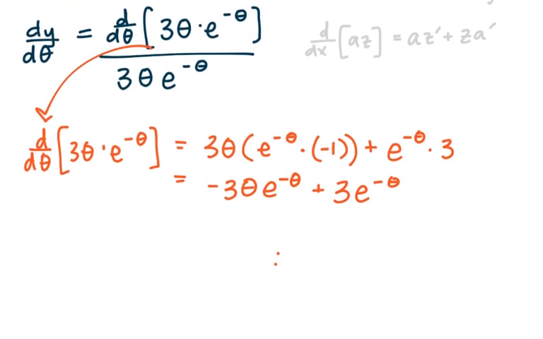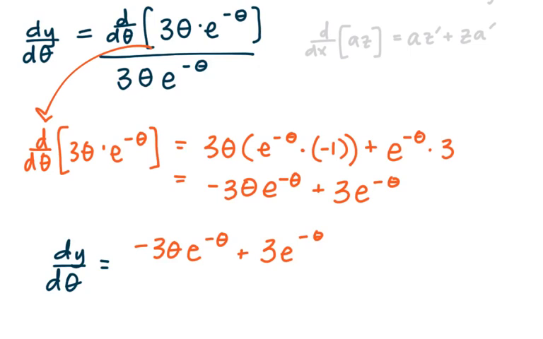So if I look at simplifying that expression we originally had, that would now be dy d theta equals, in the numerator, -3 theta e to the negative theta plus 3 e to the negative theta, all divided by 3 theta e to the negative theta.